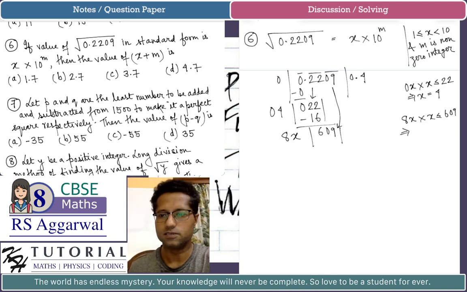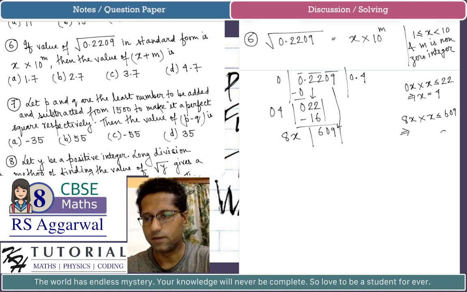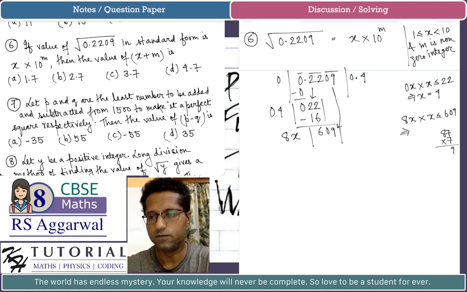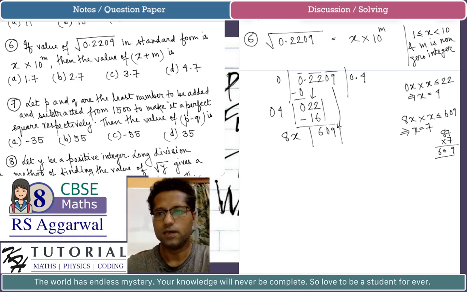Can it be 7? 87 multiplied by 7, let's see, 49 and 56, it is exactly matching. So x is equal to 7. The 7 will be appended to the current quotient, and 87 multiplied by 7 is 609.